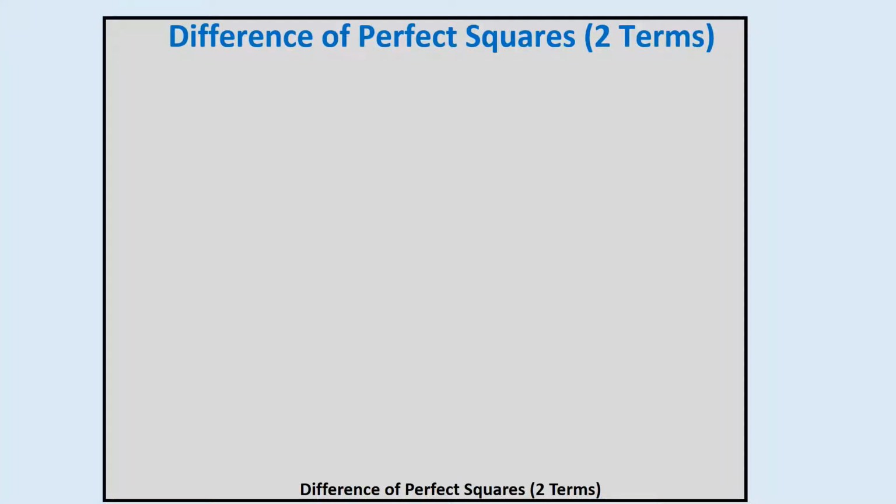All right, so the difference of two perfect squares, when we have two terms. The first thing we want to do is identify the following. Do we have a difference, or a negative sign, between the two terms?